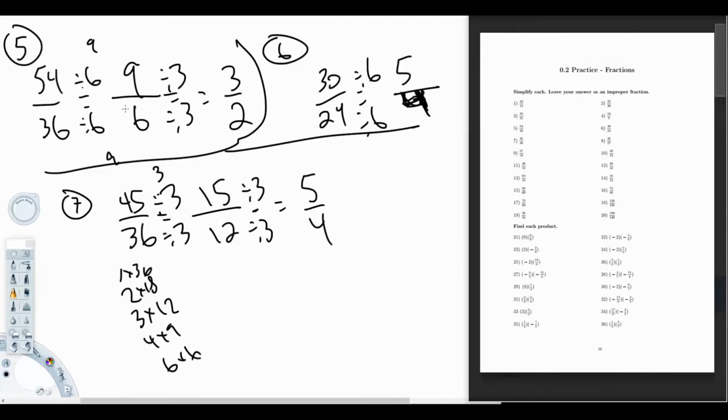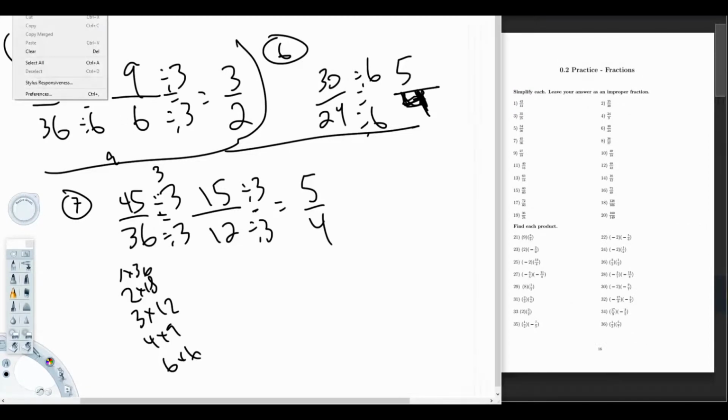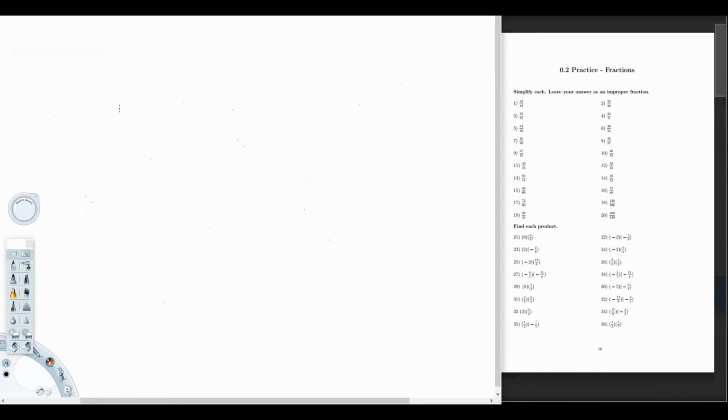Okie dokie. Let's clear this. Number 8 now. 36 over 27. If you divide by 9, you get 4 over 3.